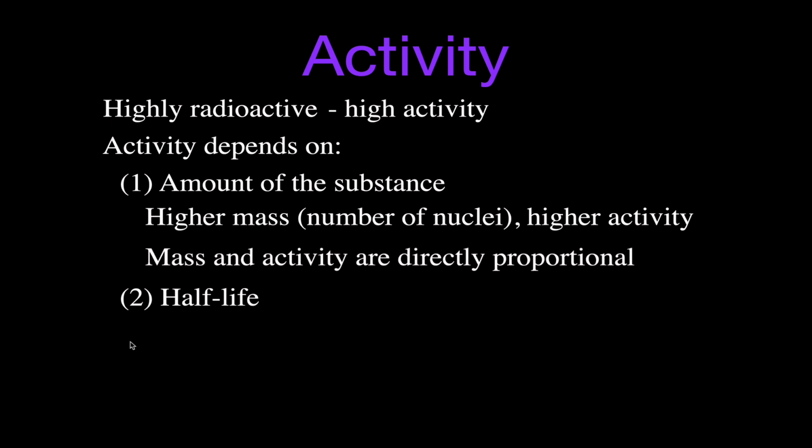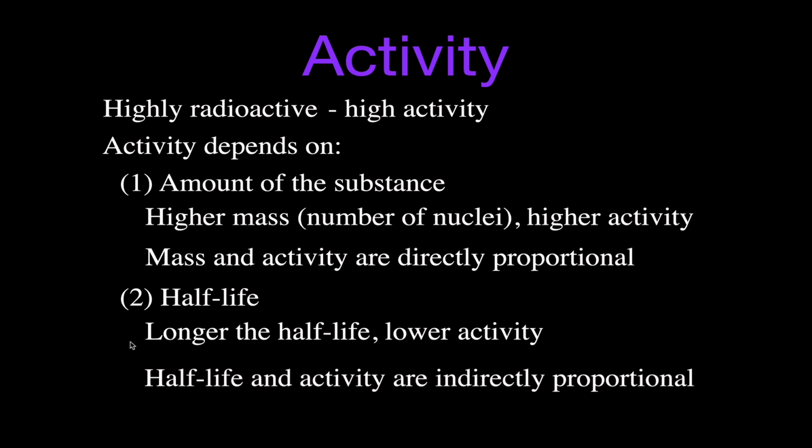That means the mass and the activity are directly proportional to each other. For half-life, they're inversely proportional, because the longer the half-life, the lower the activity. If the half-life is really long, then they're not going to be decaying that often. So those 2 things are inversely proportional to each other.